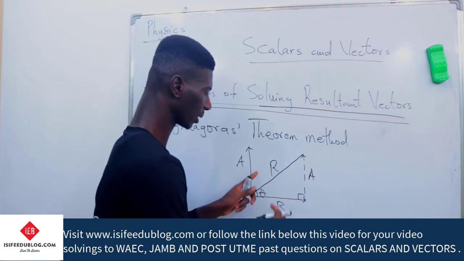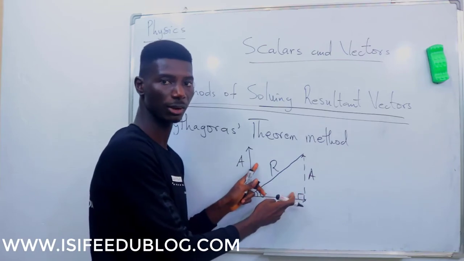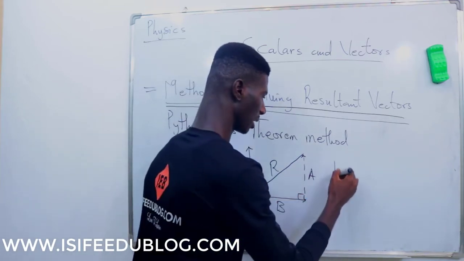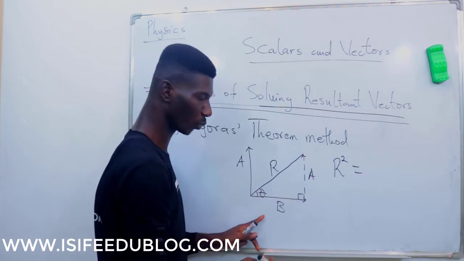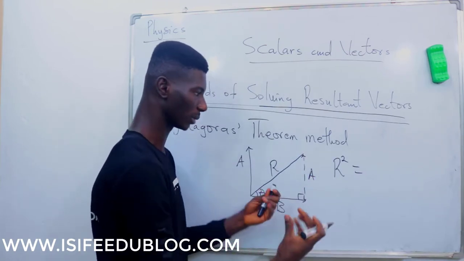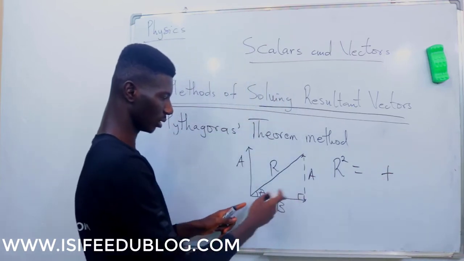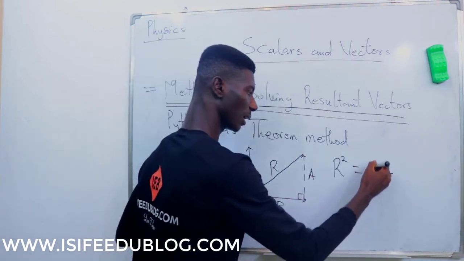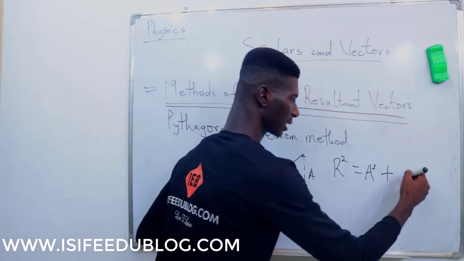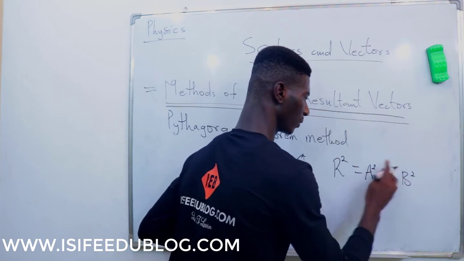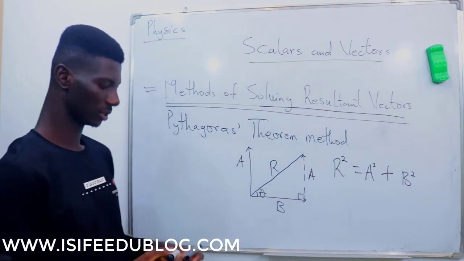So, by Pythagoras, the hypotenuse is the side facing the angle 90 degrees. R squared is equal to the sum of the squares on the opposite side, which is A, and the adjacent side, which is B. So this is what we call Pythagoras theorem.